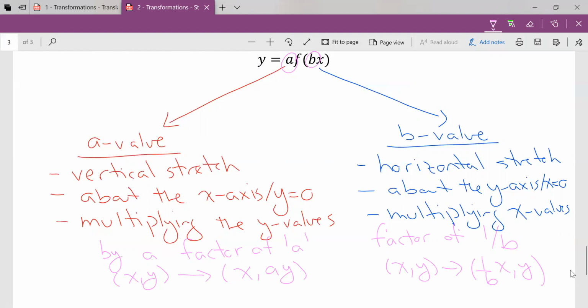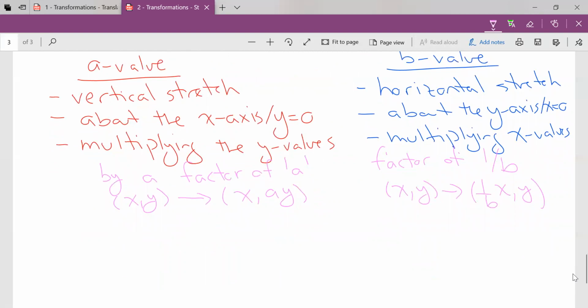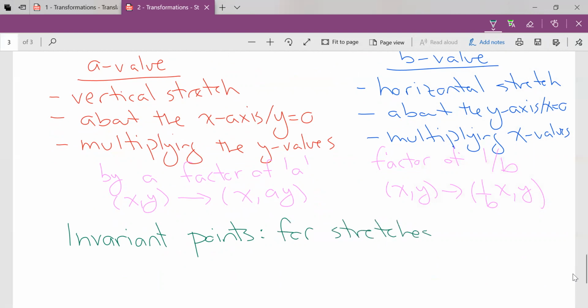There it is. Now, the one last thing that you really want to be thinking about here is invariant points. Invariant points are points that don't move, okay? Invariant points for stretches will fall on the axis you're stretching about.